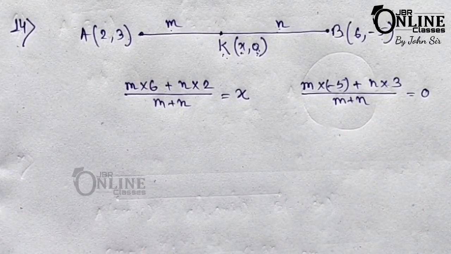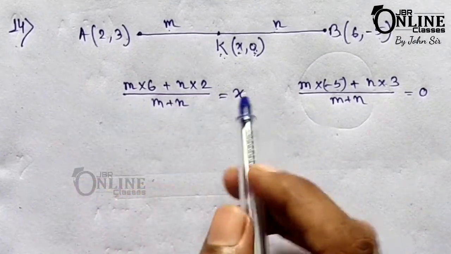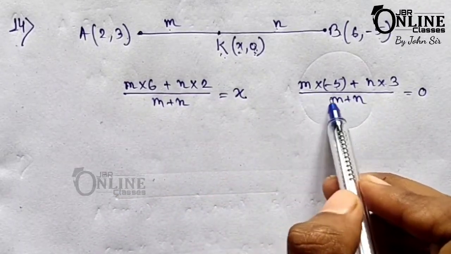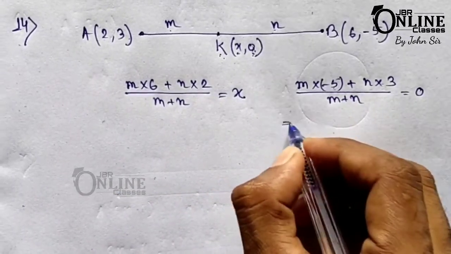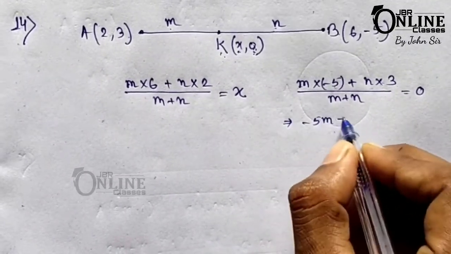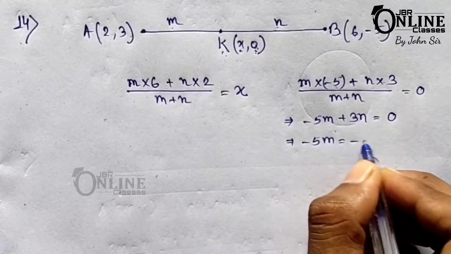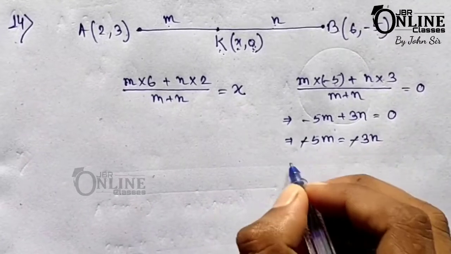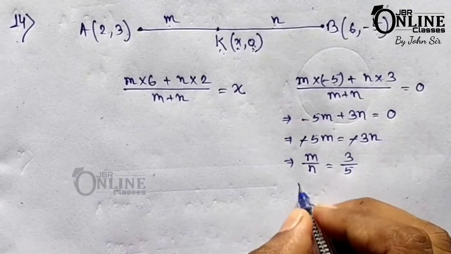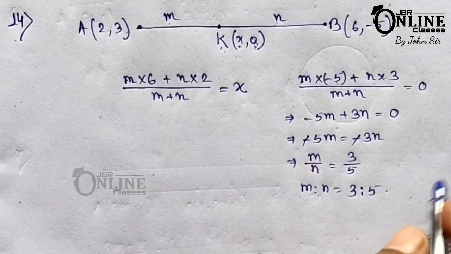So there are two equations. In the first equation we cannot solve, as there are 3 unknowns, but in the second equation we can find the ratio of m and n. So minus 5m plus 3n equals 0. So 5m equals 3n, so m by n equals 3 by 5. That means the ratio m is to n equals 3:5. So 3:5 is the ratio.